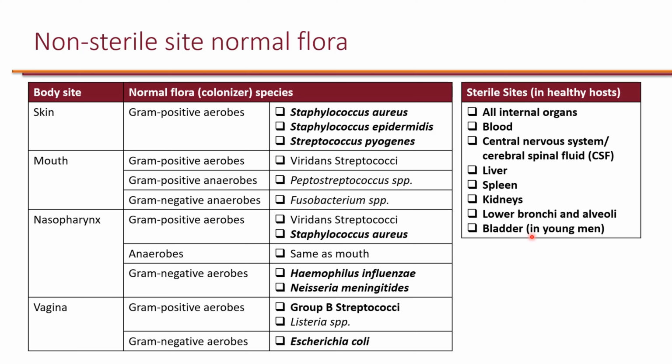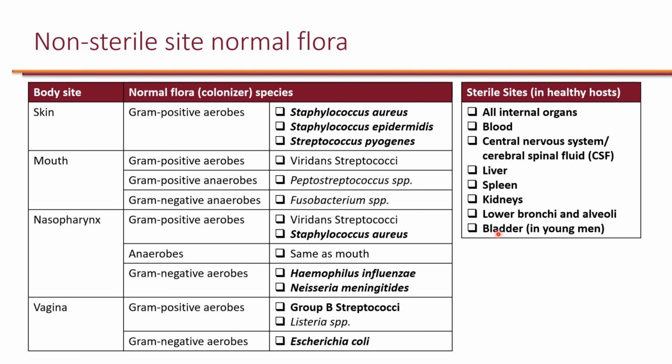Especially in young men, the bladder is supposed to be sterile. But as part of aging, for most people, as we get older, we start to have colonization of the bladder. As people get older, the bladder is no longer sterile. But in a young man, it definitely should be sterile.